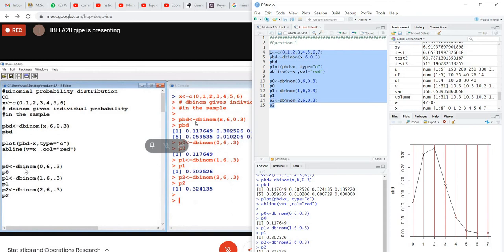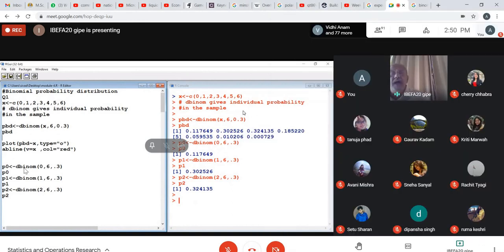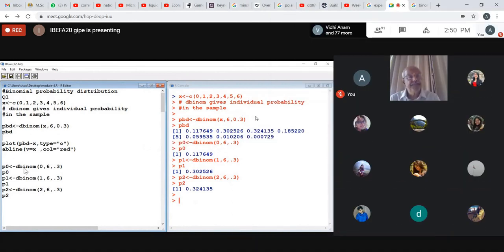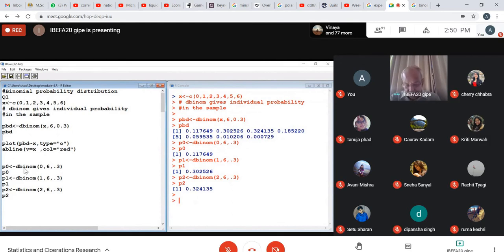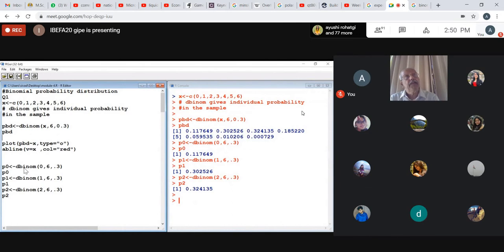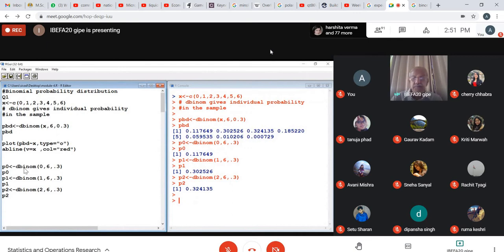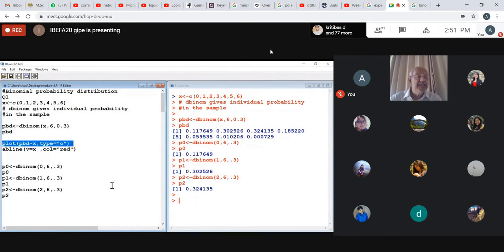In correlation and regression, we have studied the graph. Suppose I plot the probability on the y-axis and the x value on the x-axis.